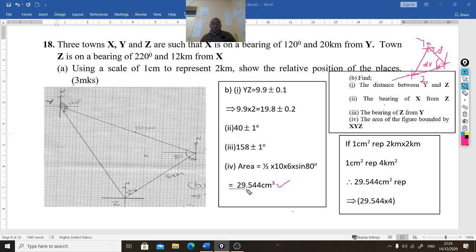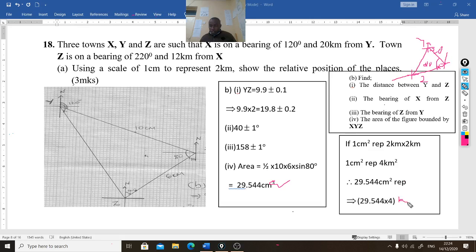Meaning that 29.544 centimeters square will be 29.544 times 4 kilometers square.